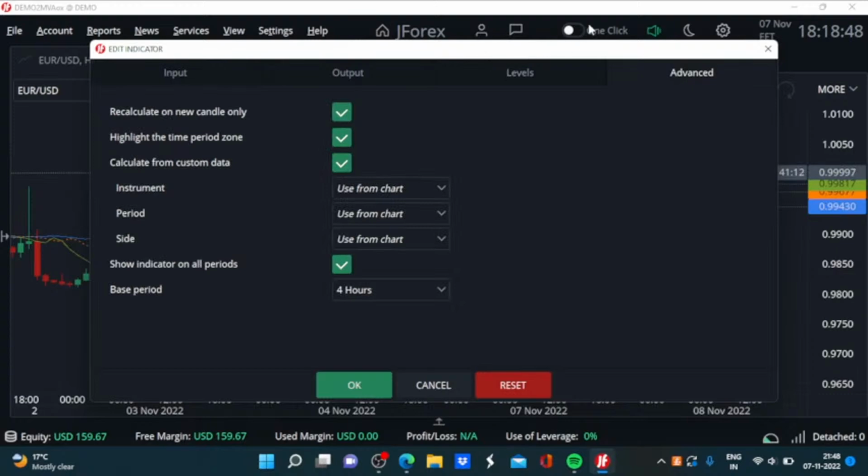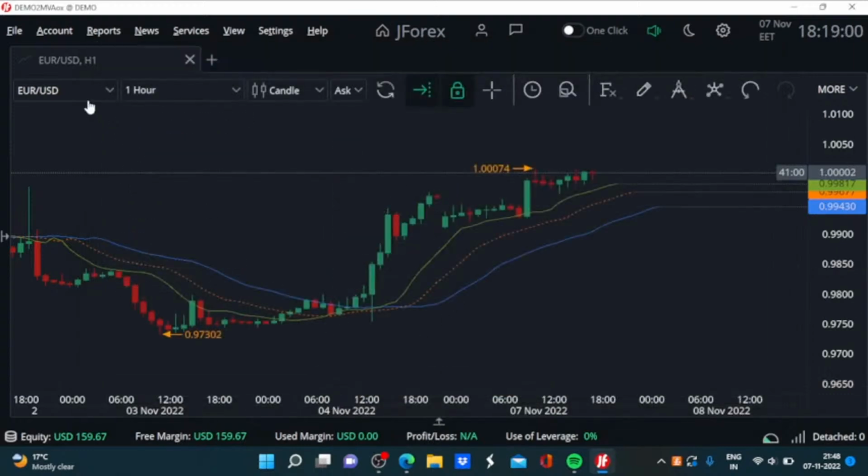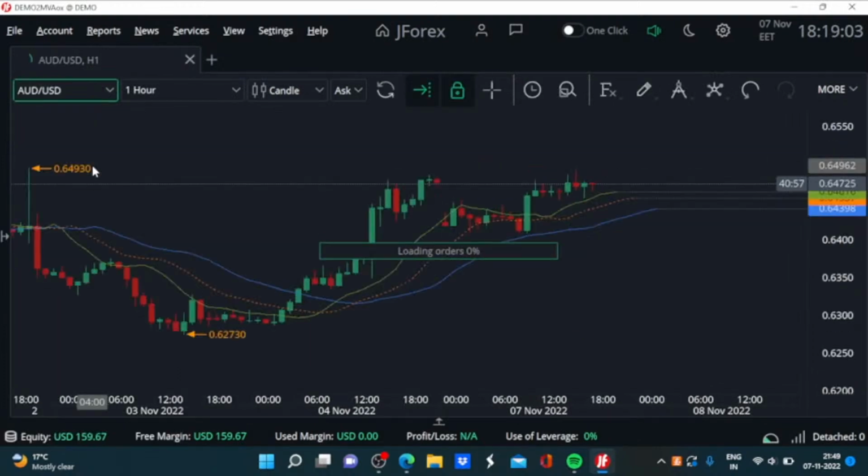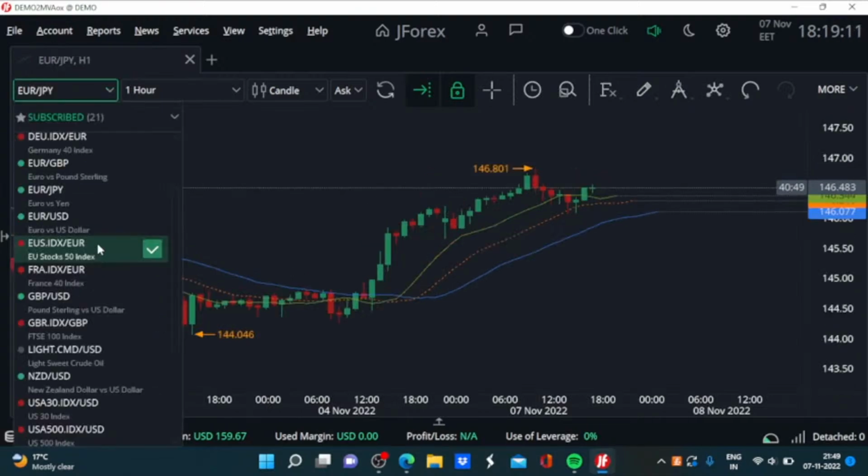Calculate from custom data. The calculation can be customized further. You can use the instrument from the chart, or you can use it as per your predefined criterion. If you are using the instrument from the chart, whenever you change this instrument to another instrument, you will have the indicator plotted for that instrument, and this indicator is going to work with almost all of the financial instruments available on this platform.